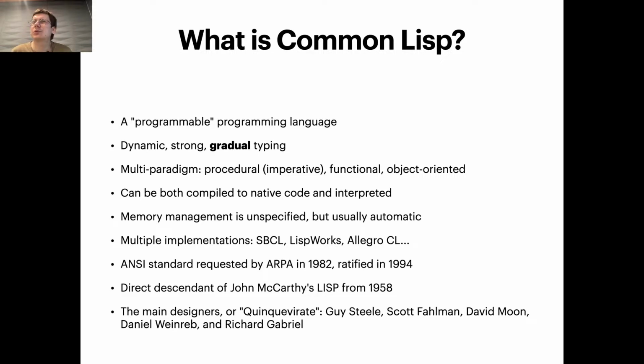And Lisp is the second oldest programming language still in use in some form. The oldest is Fortran, and Fortran is mostly used by high-performance computing physicists and engineers.